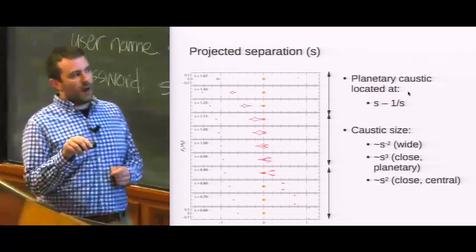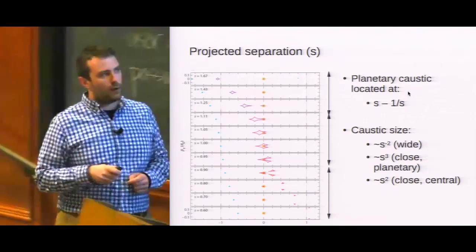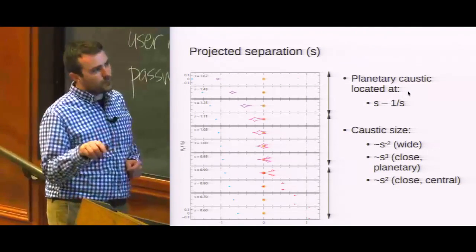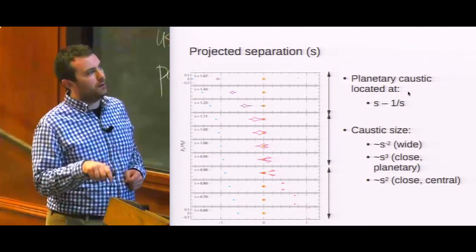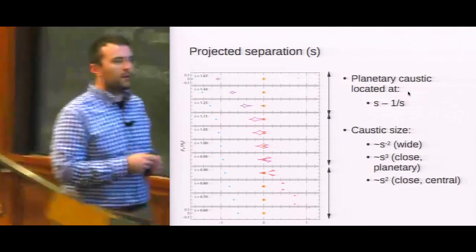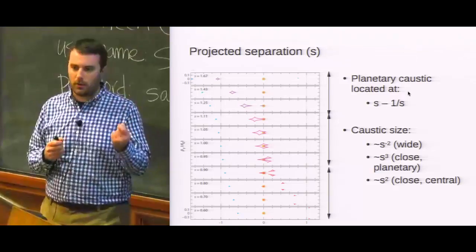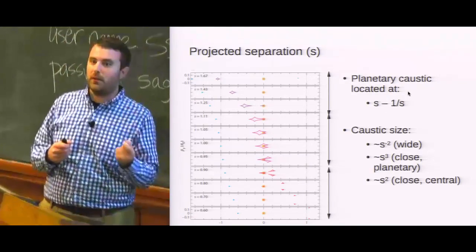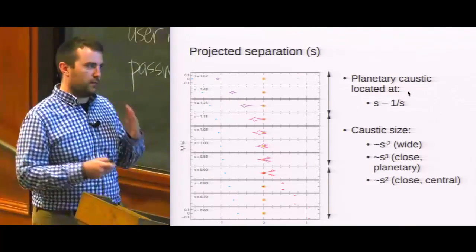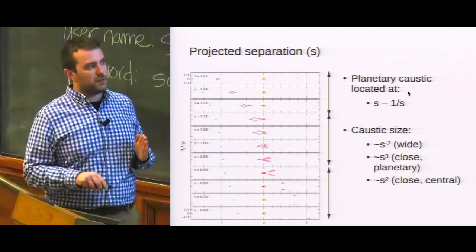This is really bad when you get to close lenses. So with these small caustics, they drop off not as the squares but the cube. So you quickly lose sensitivity at small separations.